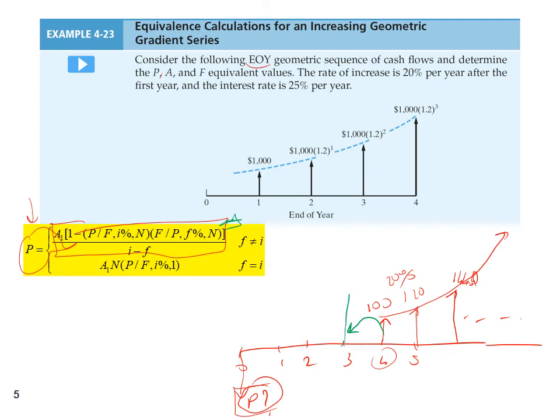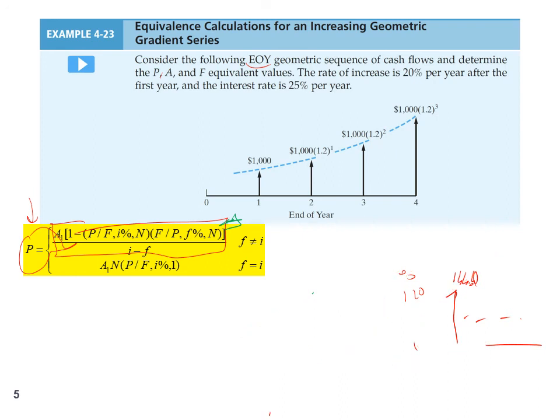It means that you will find this P. And then you need to shift this P to the present time, to time 0, using the F given P formula or factor. So that's why the structure of the geometric payment series is important. You need to memorize that, but not the formula itself.